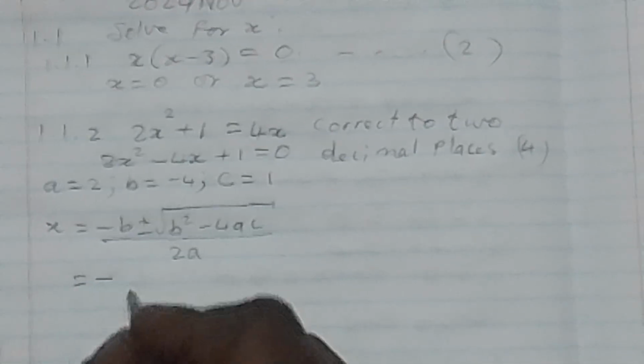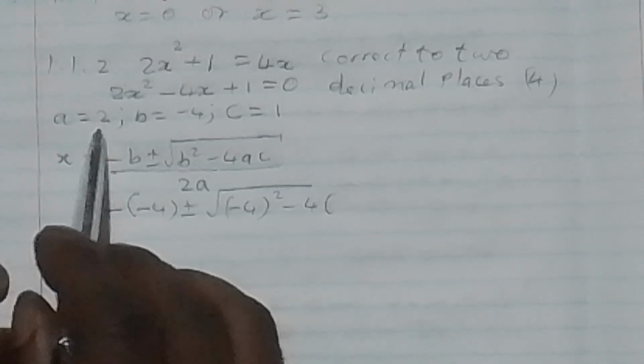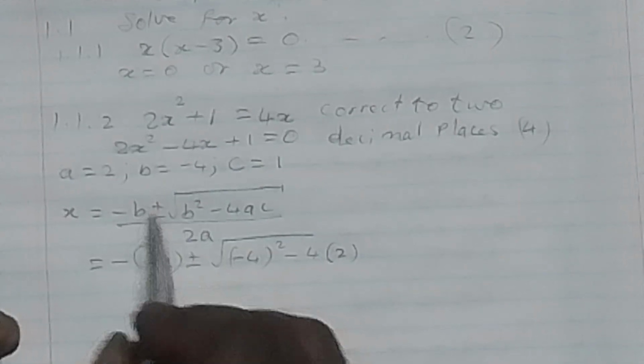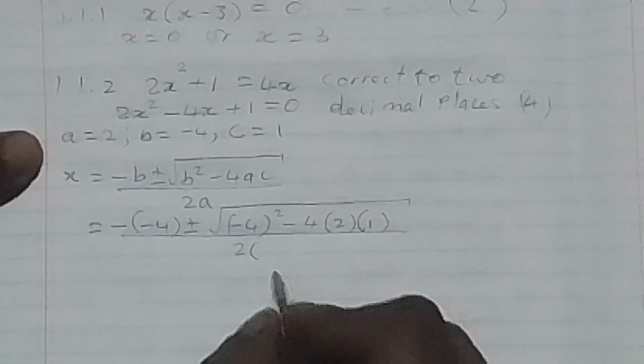Here, your b is minus 4, so minus times minus 4, plus minus the square root of b squared, which is minus 4 squared, minus 4 times a, your a here is 2, your c is 1, all over 2a, and your a is 2 here.